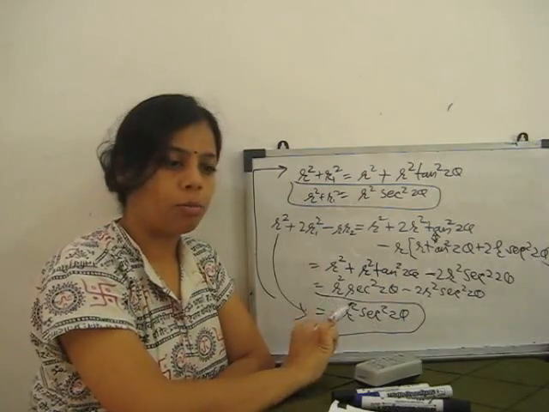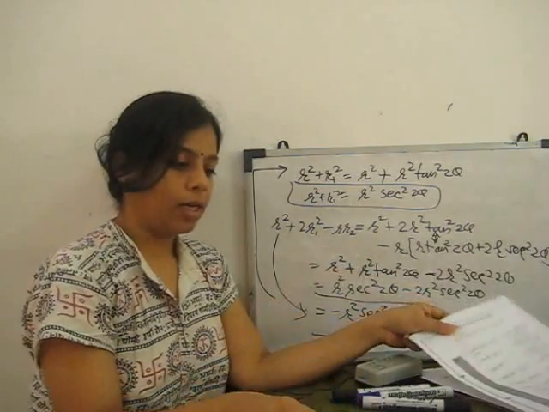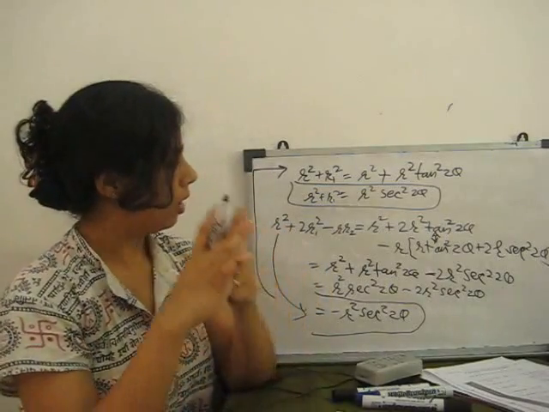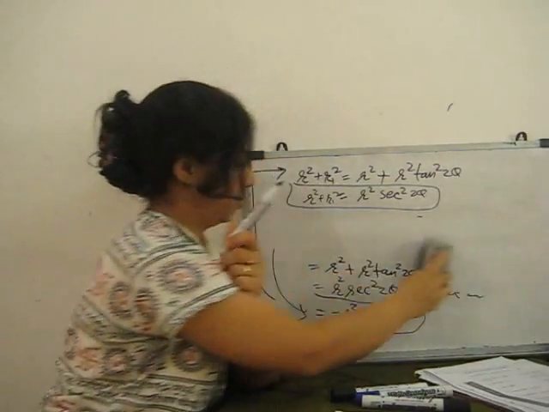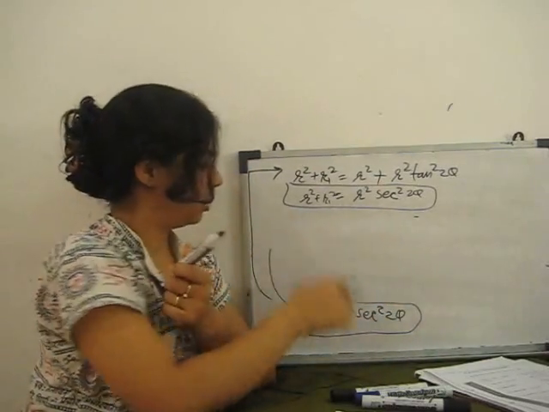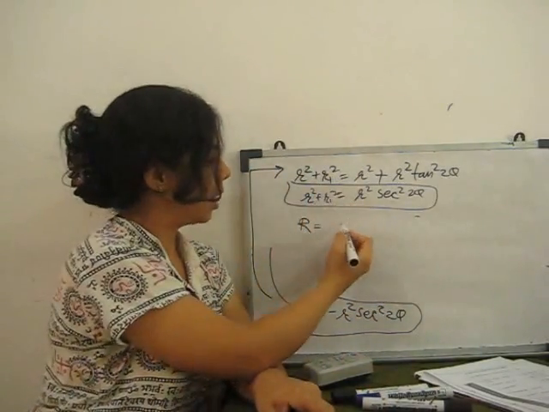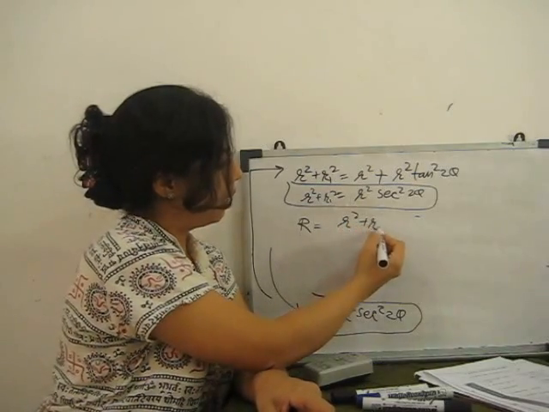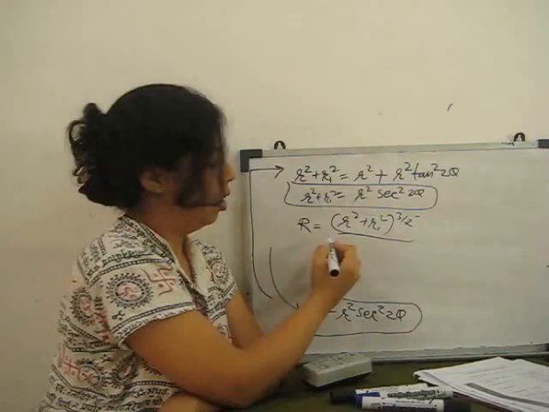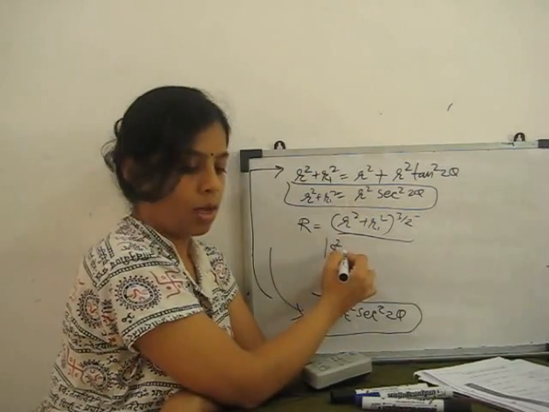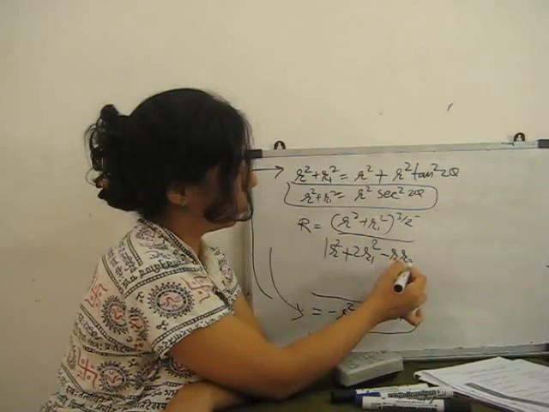So what is the formula? Again we go back to the formula for the radius of curvature for the polar curve. The radius of curvature rho for the polar curve is r square plus r1 square to the power 3 by 2, upon the modulus of r square plus 2 r1 square minus r2.